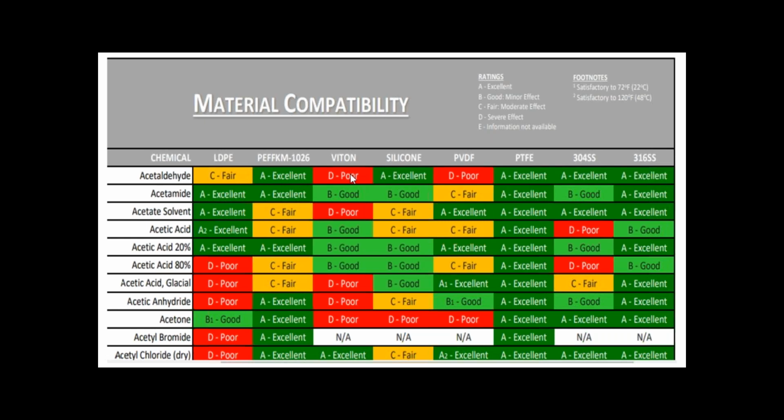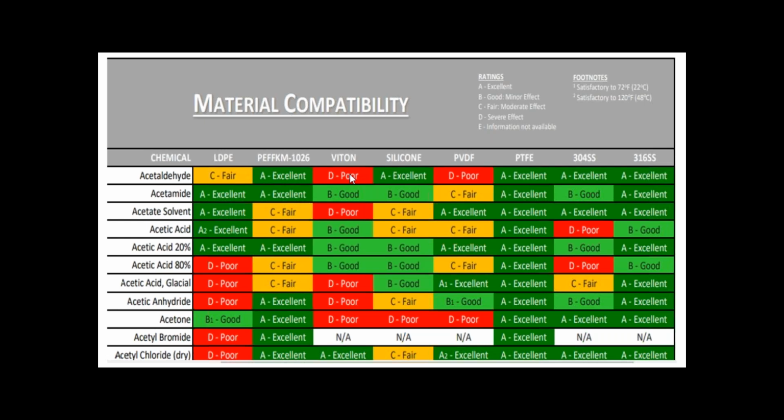And sometimes it also happens that the compatibility is not clear, and that is why it is indicated by the capital E, or information not available, like that. So whatever the compatibility chart is, whatever the chemicals which are used in your company, that should be studied first.